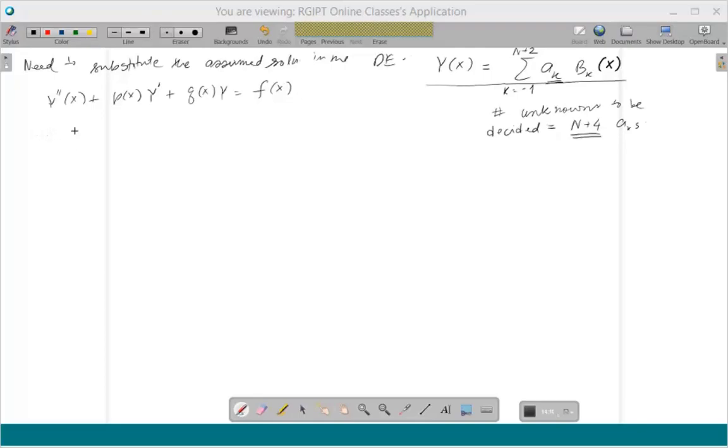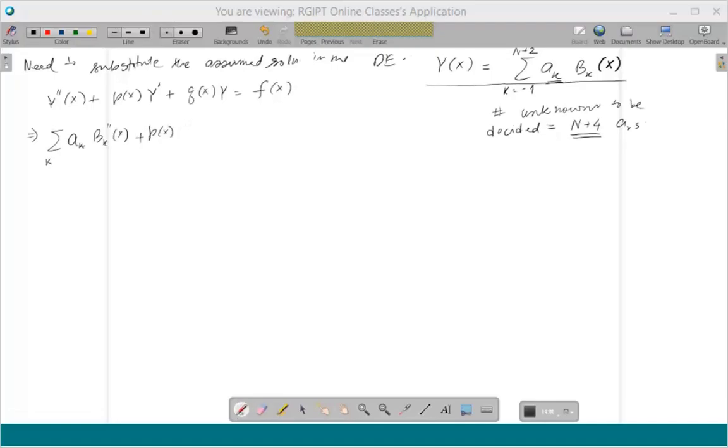So if I substitute there, that would give me a sum over k's of a_k B_k double prime at x plus p of x. Let me take these constants outside. So p of x, I can put this over here.